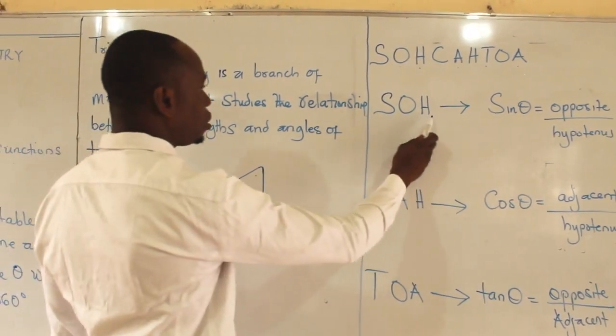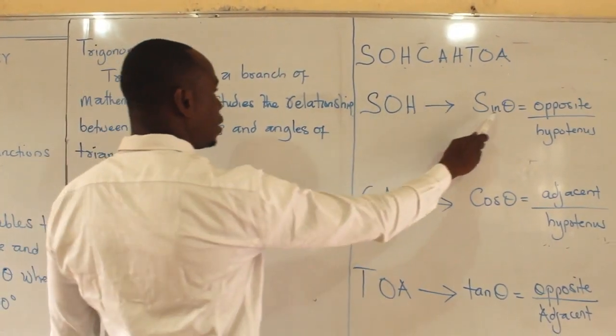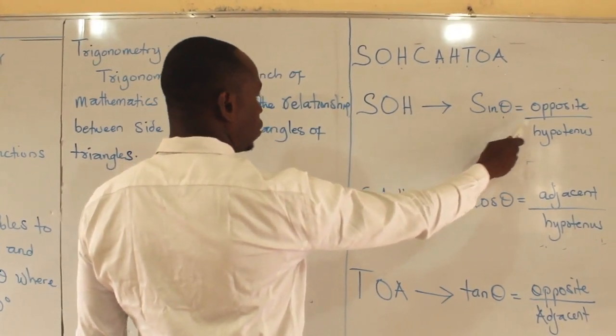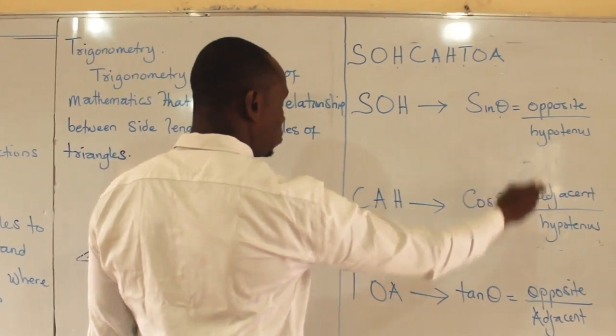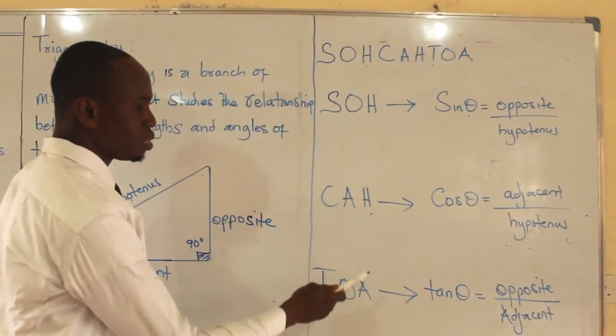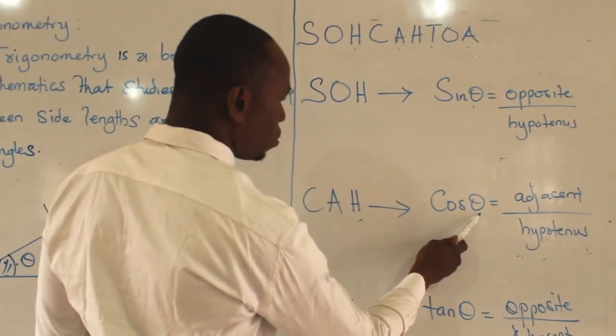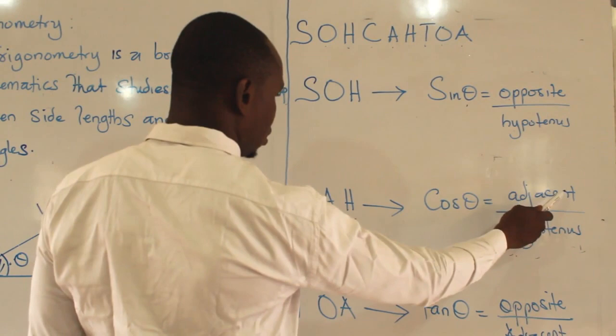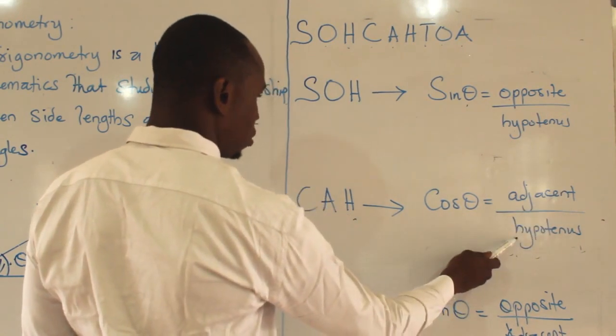The SOH means that the sine of the angle is equal to the ratio of the opposite and the hypotenuse. The CAH means that the cosine of the angle is equal to the ratio of the adjacent to the hypotenuse.